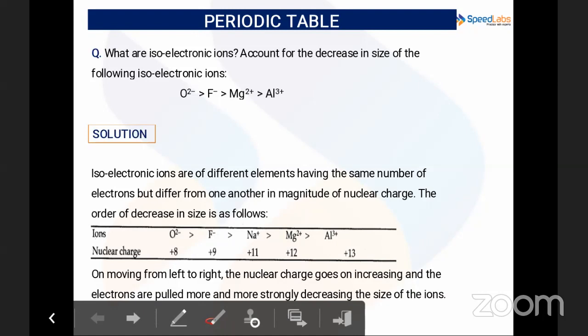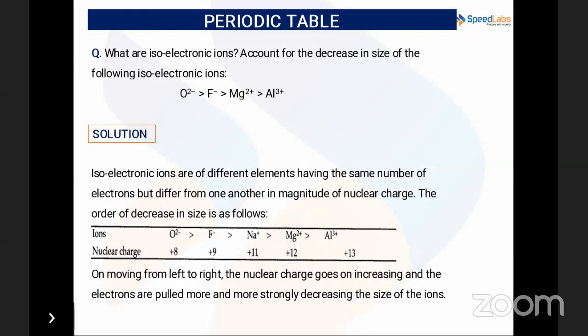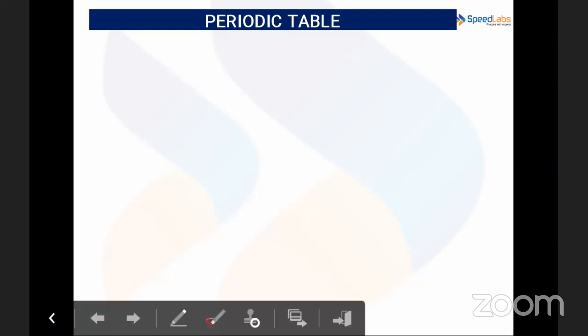If we see the different examples, suppose we are taking the example of neon atom and sodium ion. In case of the neon atom and the sodium ion, if we talk about the electronic configuration, sodium ion electronic configuration is 2,8.